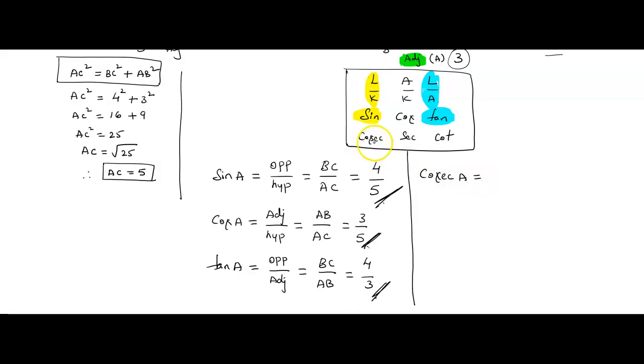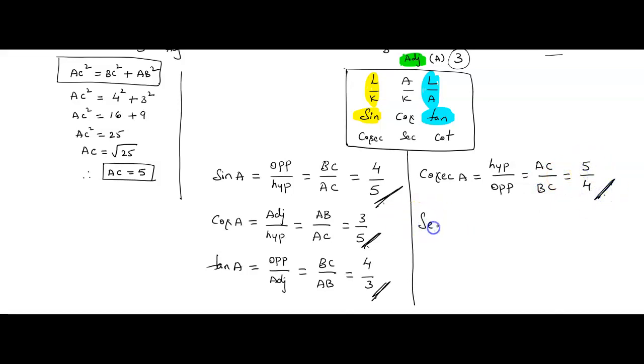Then we want to find cosecant A. Cosec means K by L, that is, K means hypotenuse, L means opposite. You can see here hypotenuse is going up and opposite is coming down. That is what we call reciprocal. Hypotenuse is AC and opposite is BC. That is equal to 5 by 4.